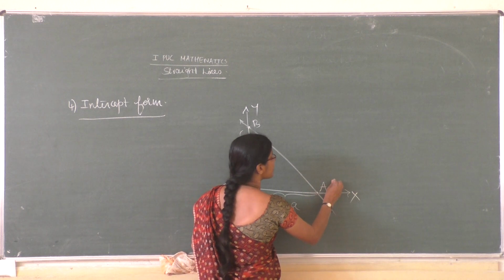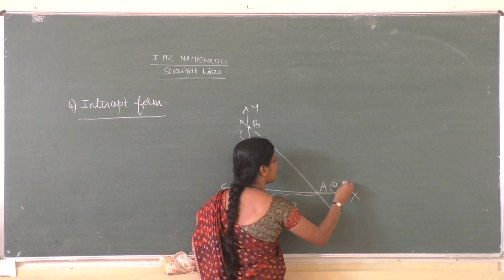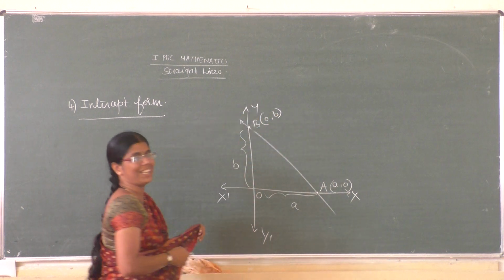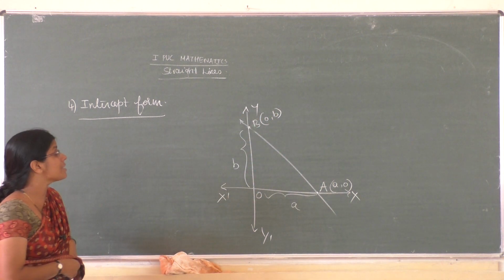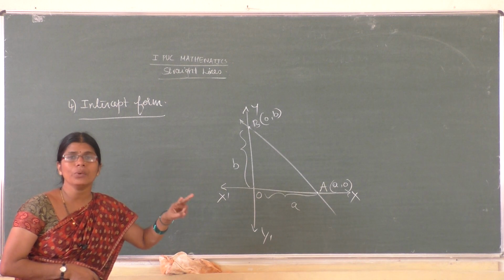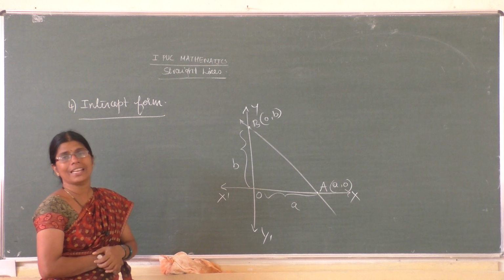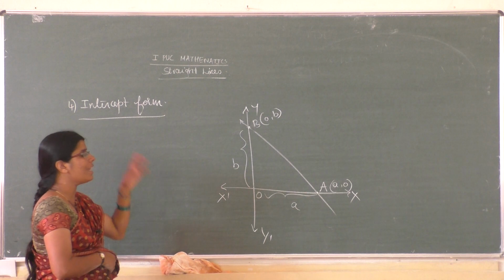Then the line passes through the point A, 0 and the point 0, B. So the line passes through 2 points. We can use now the 2-point form. Using the 2-point form we can derive the equation of a line.